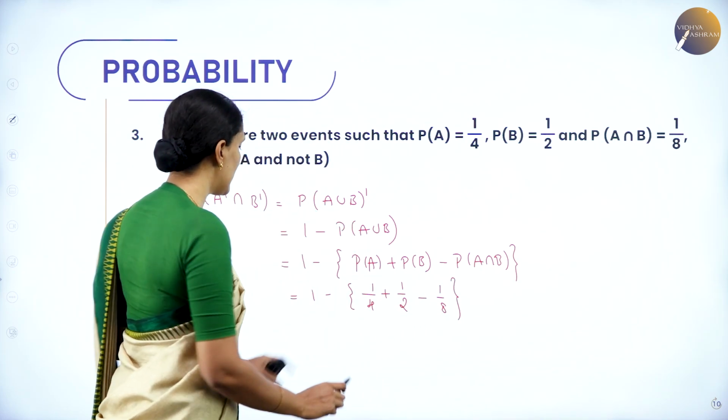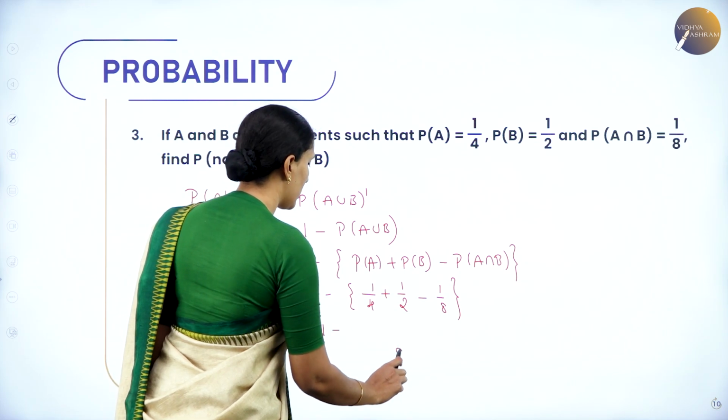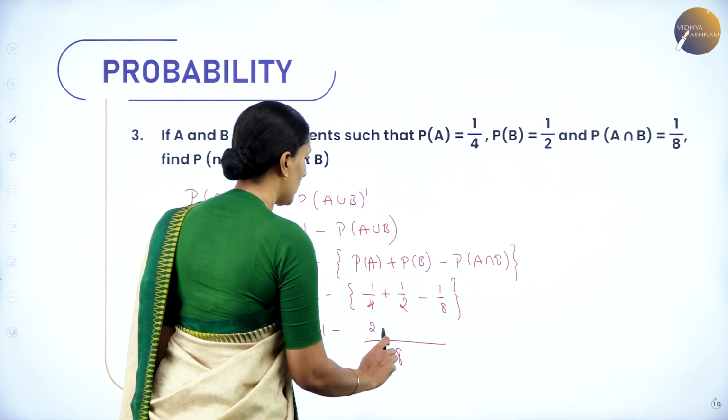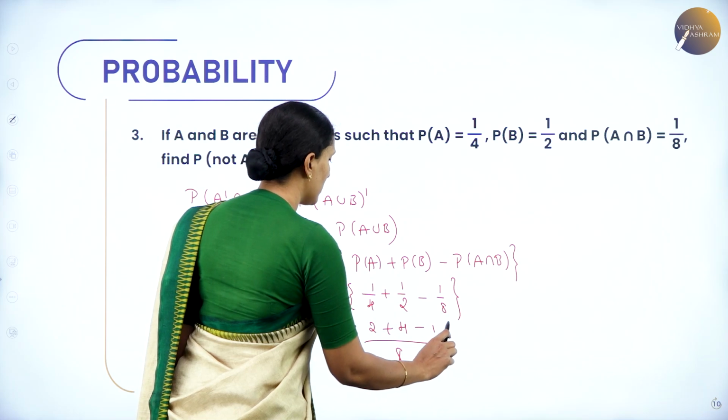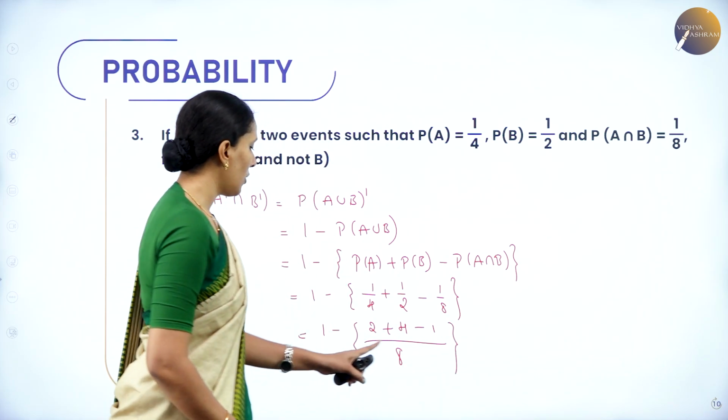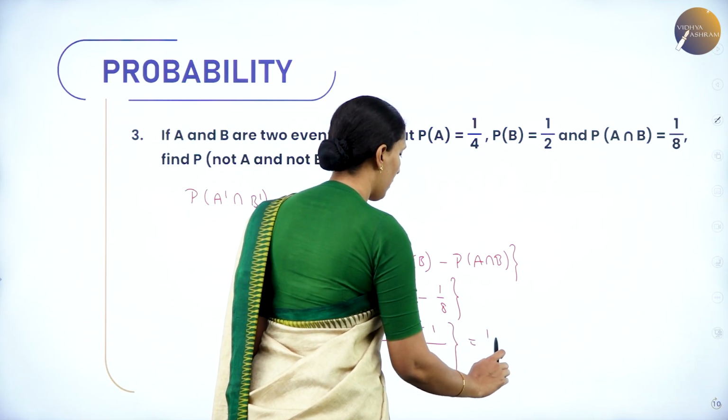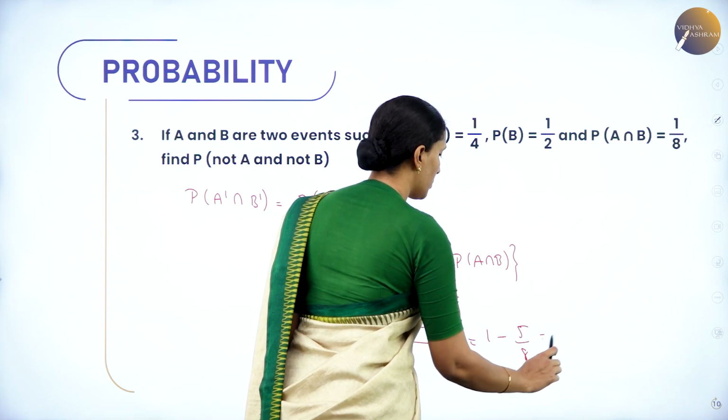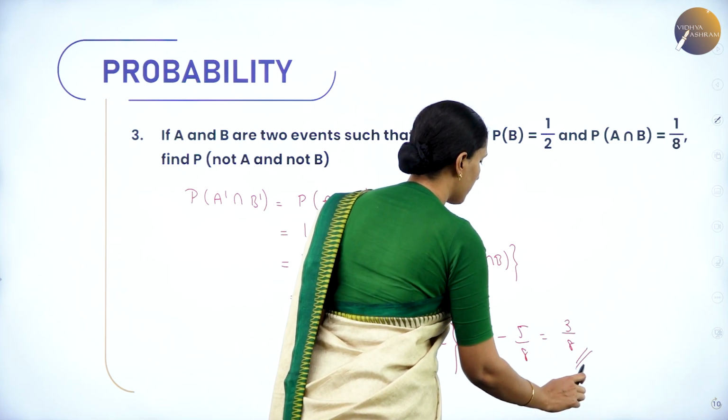If we take the LCM here, it is 8. So the value will be equal to 1 minus 5 by 8, which is equal to 3 by 8.